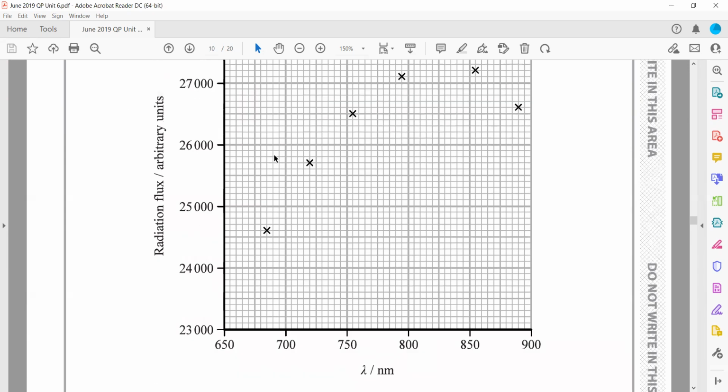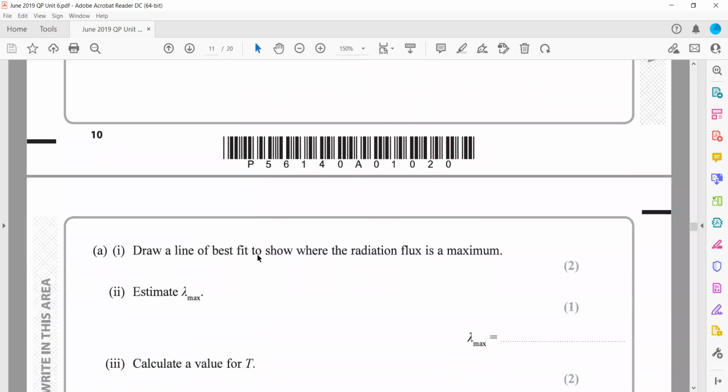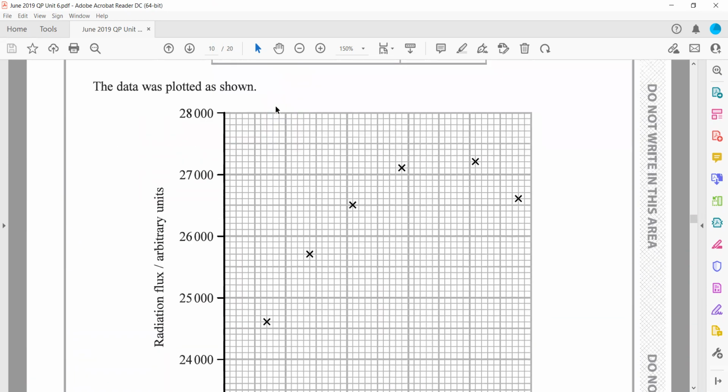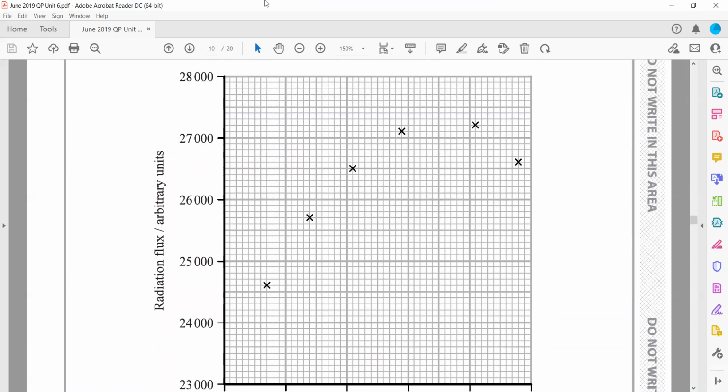So when you plot the graph, you draw a line of best fit to work out where the radiation flux is maximum. But why is it not accurate?